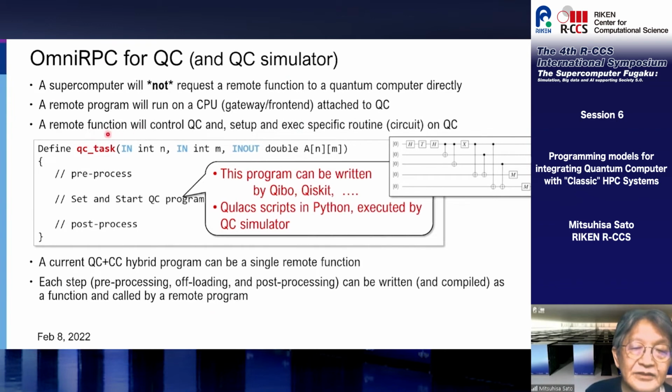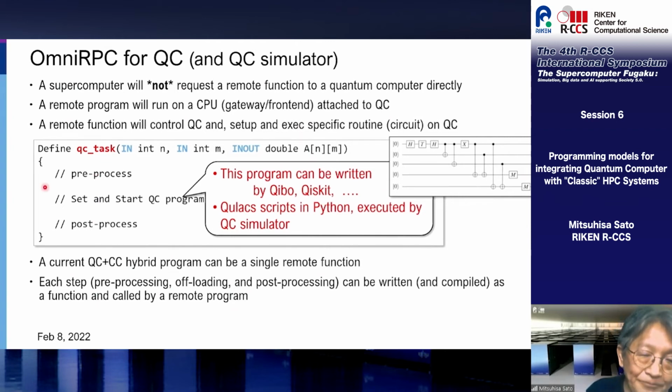The remote function, which is executed in this front end, controls the quantum computer, sets up and executes a specific routine or circuit on the quantum computer. This is a typical example of the remote procedure call description. The name is quantum computer task.